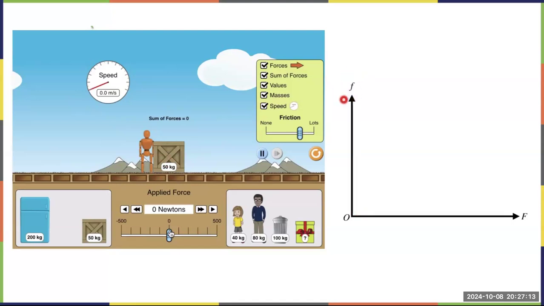If this y-axis is my friction force and F is my applied force, basically you can say the static friction force is a response force. The more you apply, the more it responds. The less you apply, the less it responds. If you don't apply, it does not respond. So that means it's zero, right?